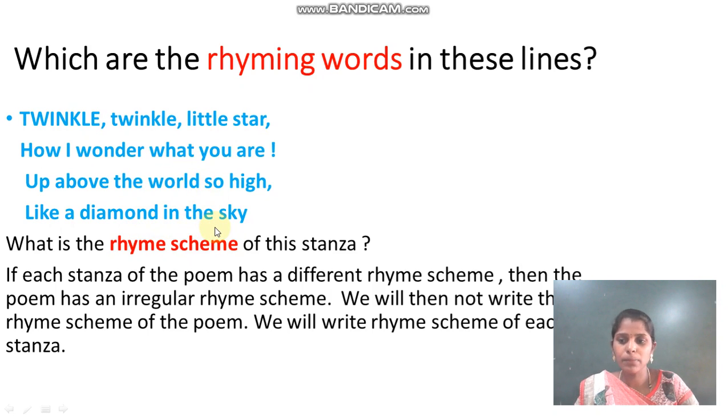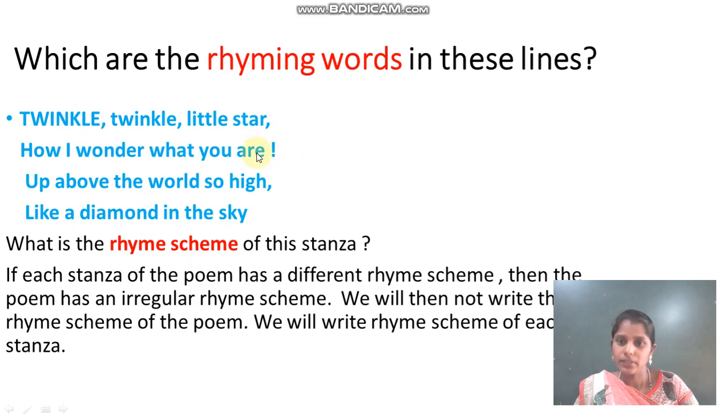Look here. Star and are are rhyming words, one pair of rhyming words. High and sky are one more pair of rhyming words.